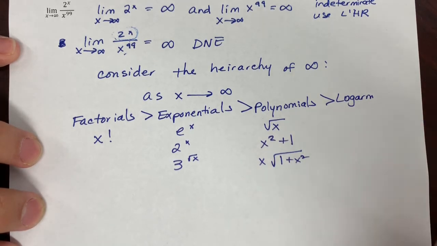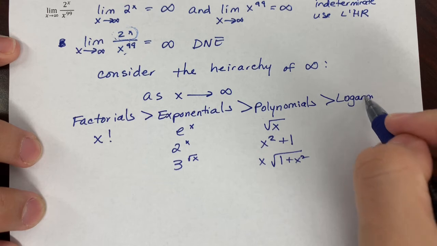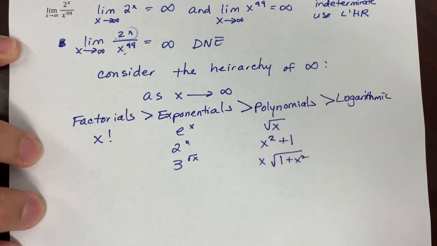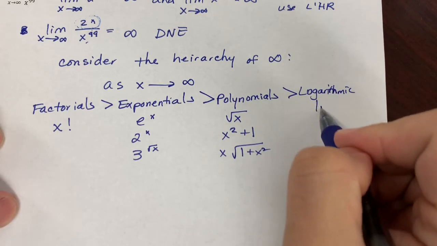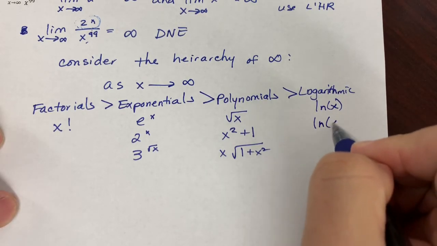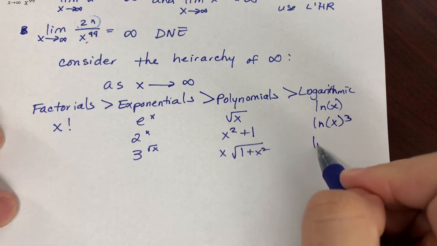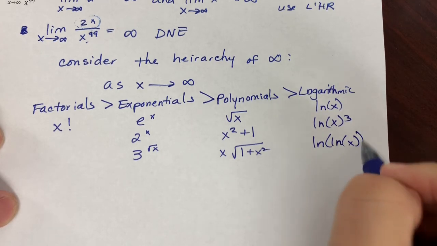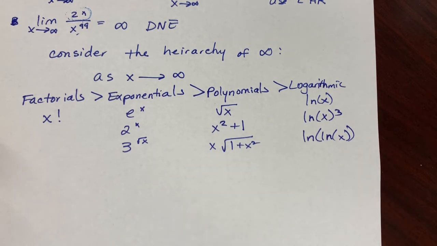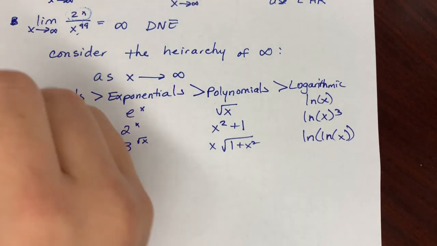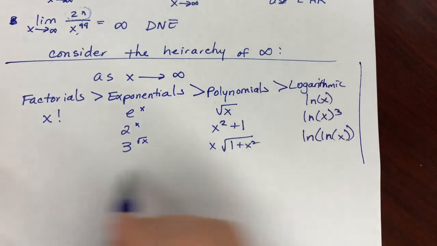Those are usually the slowest ones, like the natural log of x, or natural log of x cubed, or maybe even the natural log of the natural log of x. So this is the hierarchy you need to follow, so maybe keep that in your notes somewhere.